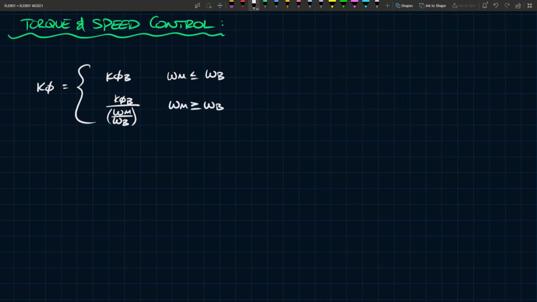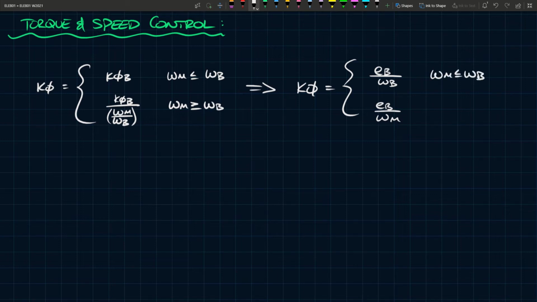So this is true here, and essentially what you have in this situation is K phi being equal to EB divided by omega B, and this is EB divided by omega M, where EB is the rated EMF, and this is for omega less than omega B, and this is for omega greater than omega B.